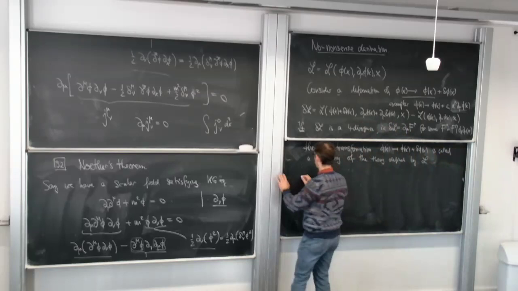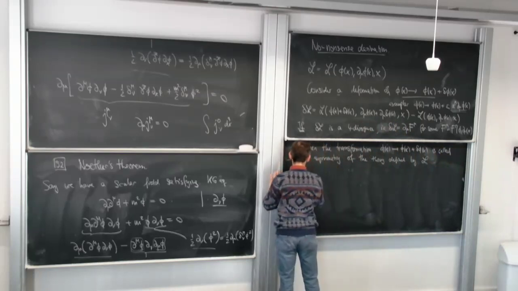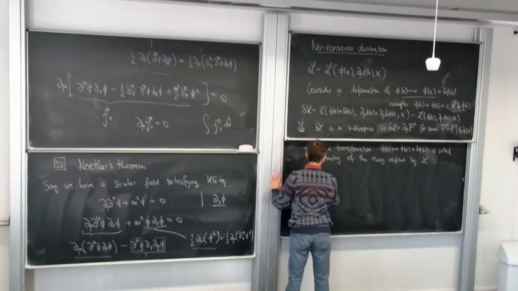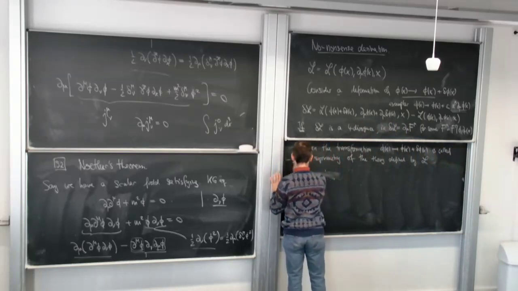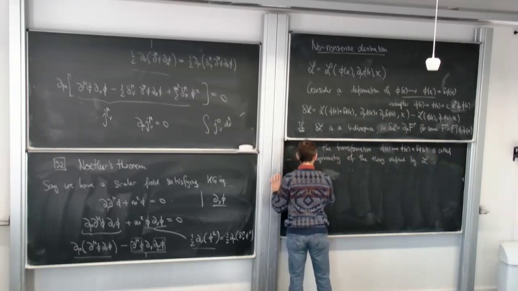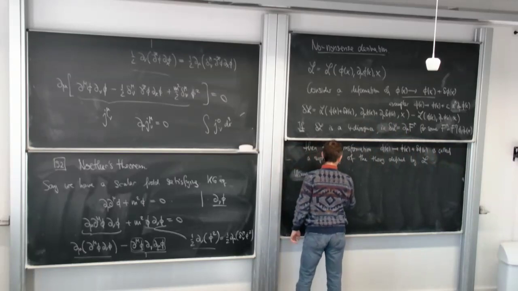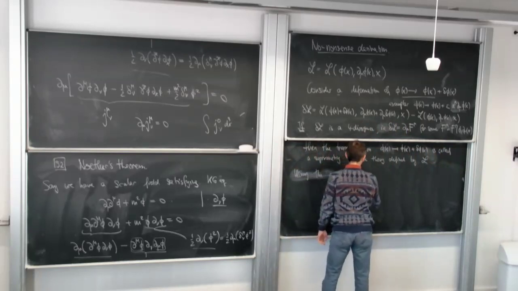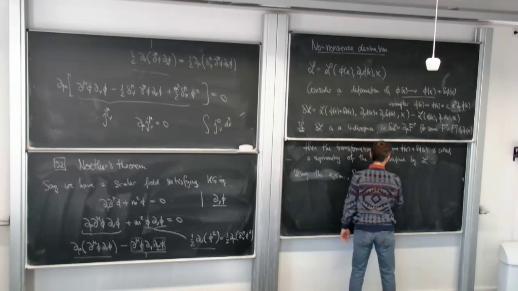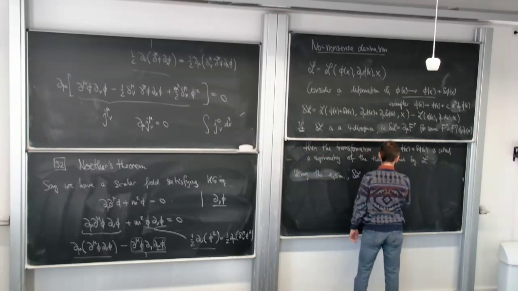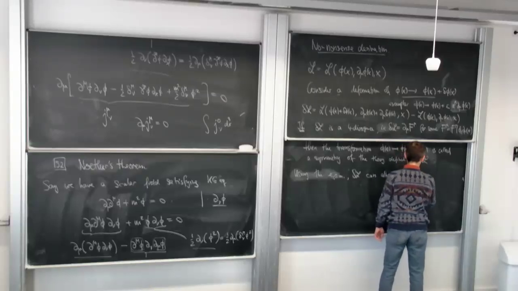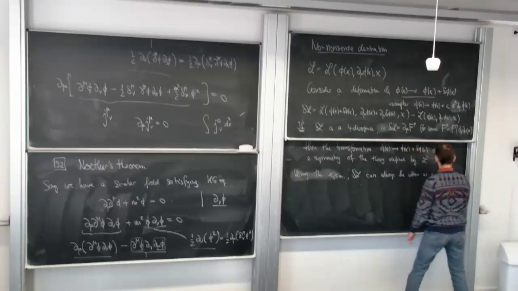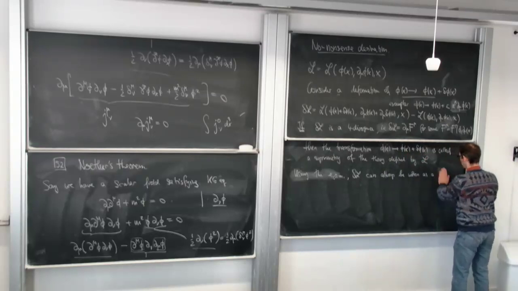This delta L, so delta, using the equations of motion, it's important, delta L can always be written as a four divergence.